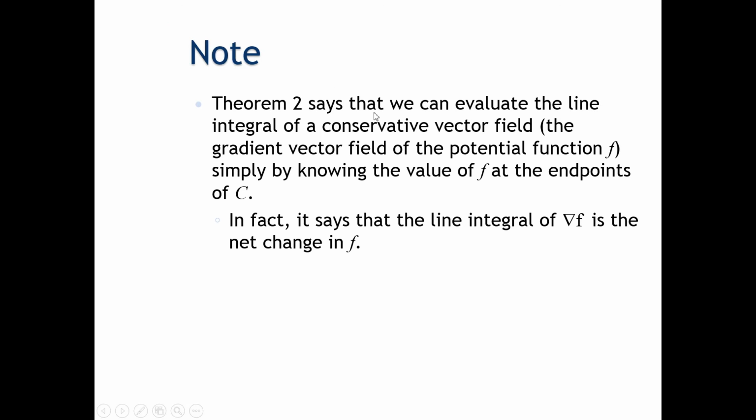Now, Theorem 2 says that we can evaluate the line integral of a conservative vector field, that is, the gradient vector field of the potential function f, simply by knowing the value of f at the endpoints of C. In fact, it says that the line integral of del f is the net change of f.